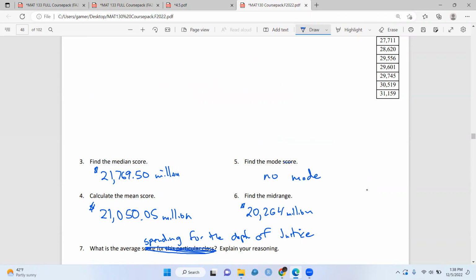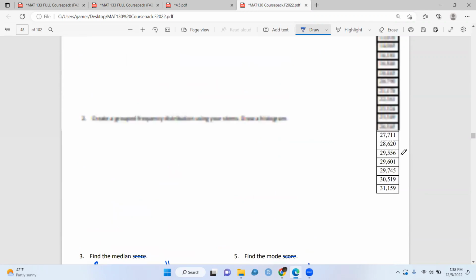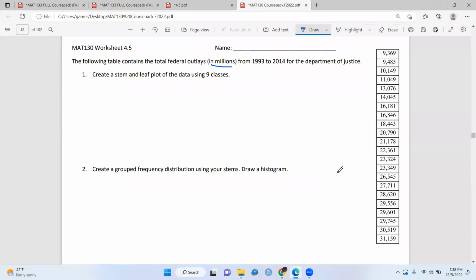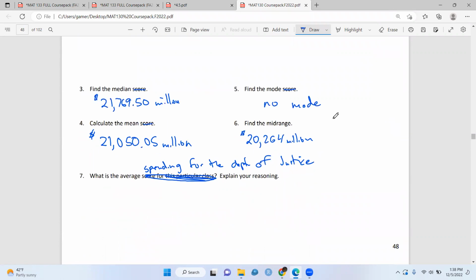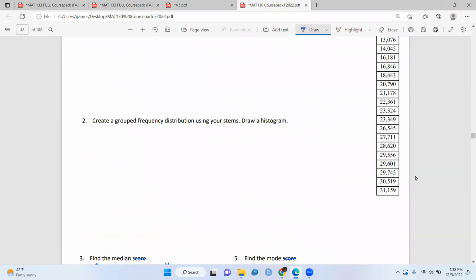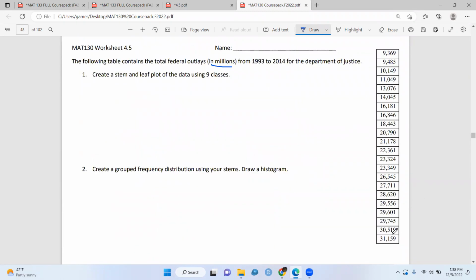And none of these should say score. They should all say spending. So what's the best measure of average here? If we look at our data set, we have a difference between the two of 31,000 and 9,000.